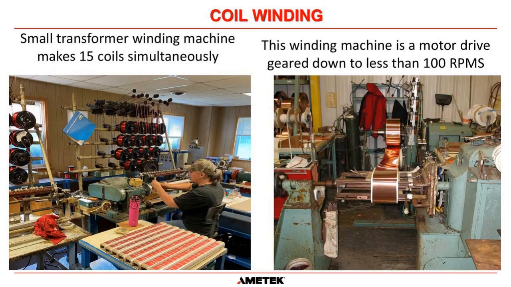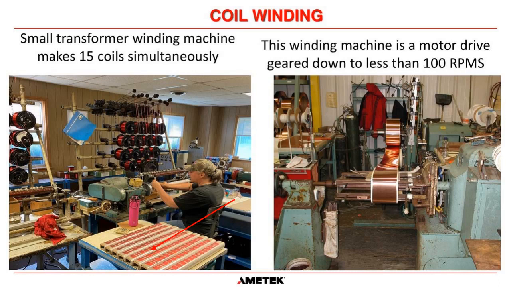This is a small winding machine. It'll do 15 coils simultaneously. And there's a tray right there of a bunch of coils that have been wound. I'm guessing they're a couple hundred VA, something like that. Thanks, Craig, for that little arrow there. That's the transformer coils there.